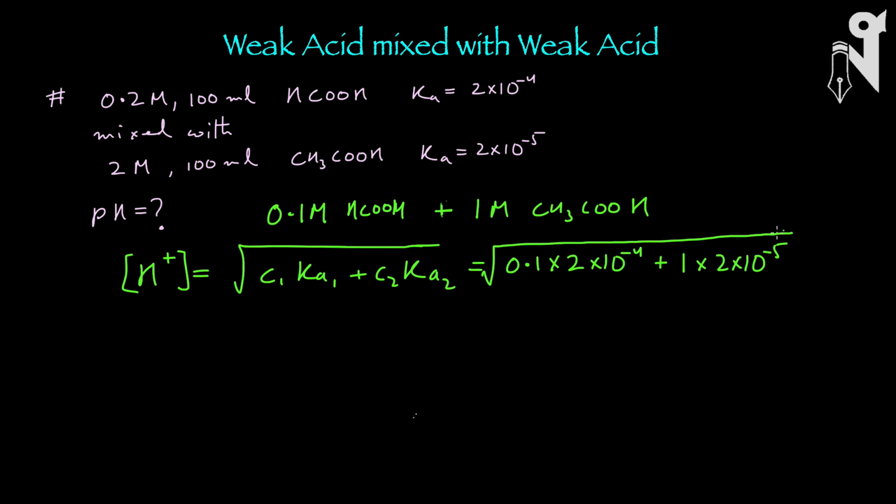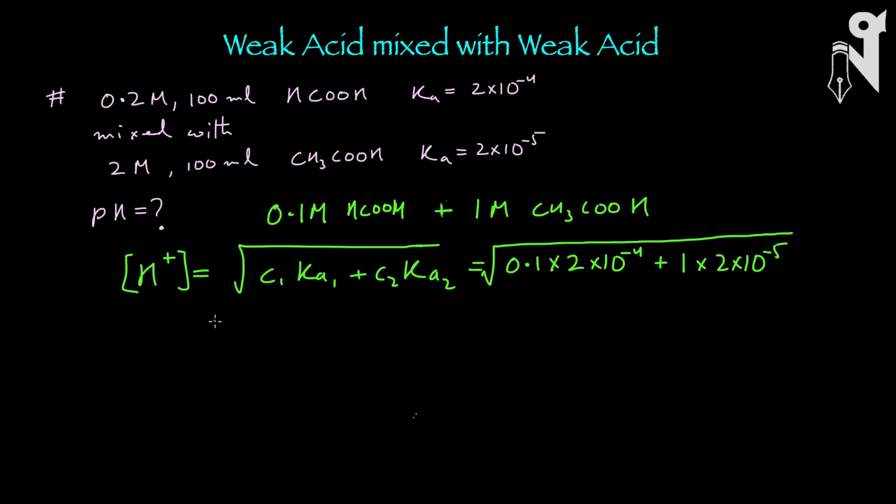So acetic acid is a weaker acid, but I have taken a higher concentration so that you get comparable H plus from there. And you can easily see what we are having over here is a 2 into 10 power minus 5 plus a 2 into 10 power minus 5, which is a 4 into 10 power minus 5.